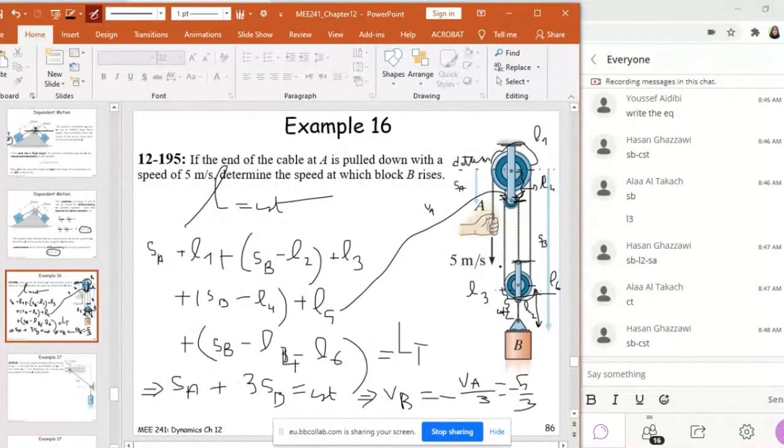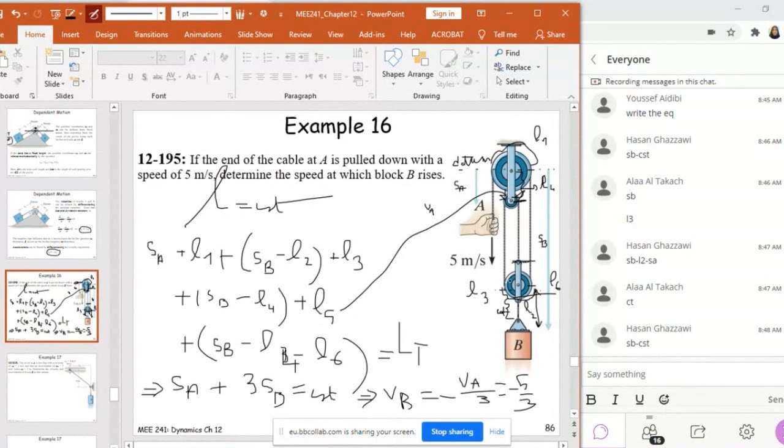Now this distance is also a variable that depends on SB. In fact, this distance here is SB minus a constant. So it's also SB, and then plus a certain constant, which is the arc here, plus also SB, because this distance from this point to this point is SB minus a certain constant. So it's also SB.